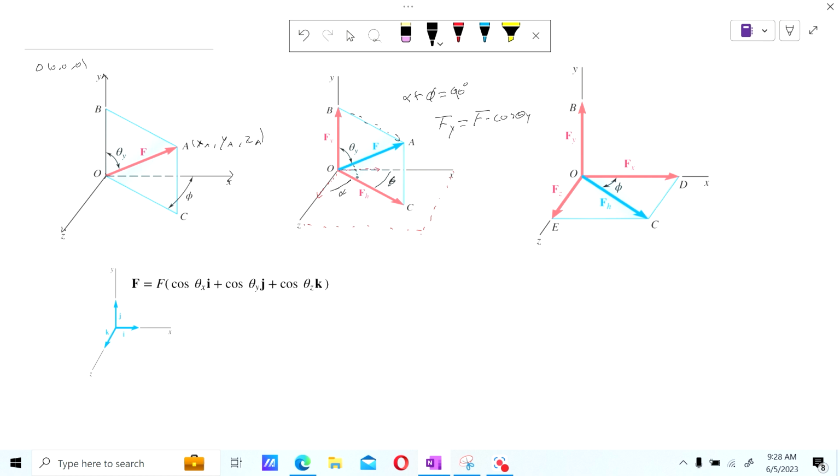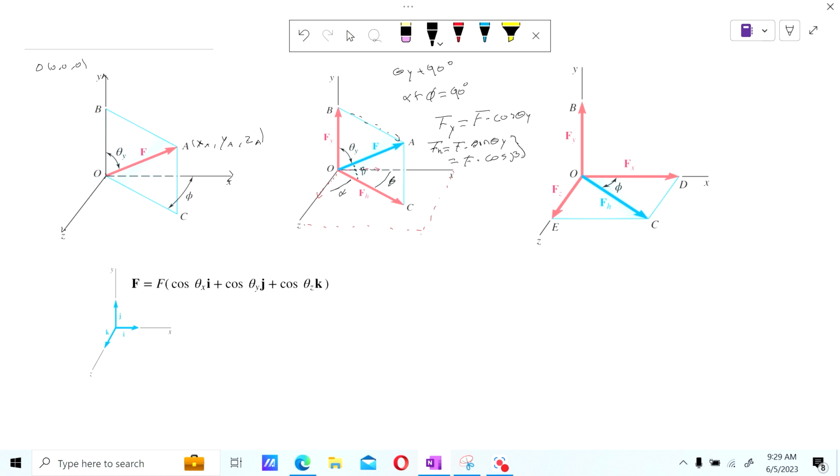Either we say that we have this extra angle, let's say beta, and we know that theta y plus beta is 90 degrees. So FH is equal to F times sine of theta y, or FH is equal to F times cosine of beta.